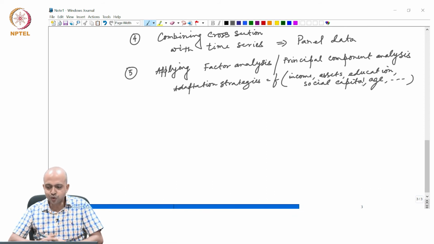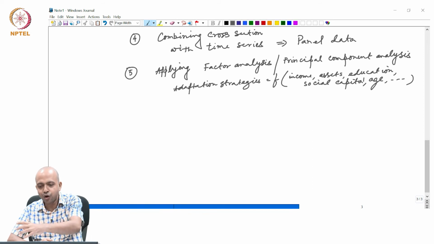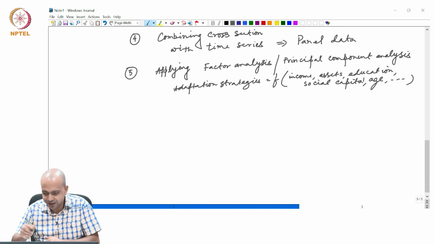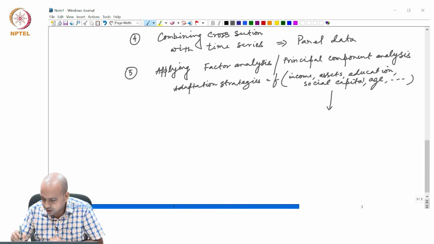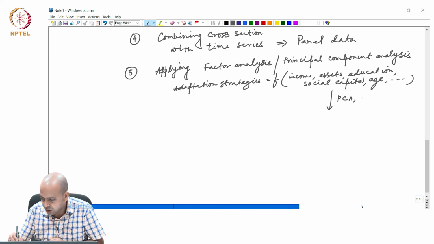Then what you do, you apply principal component analysis here to identify some of the principal components out of your n number of such independent variables, and then you construct some kind of index. If you apply here PCA or factor analysis, FA, then you will get some kind of adaptive capacity index.